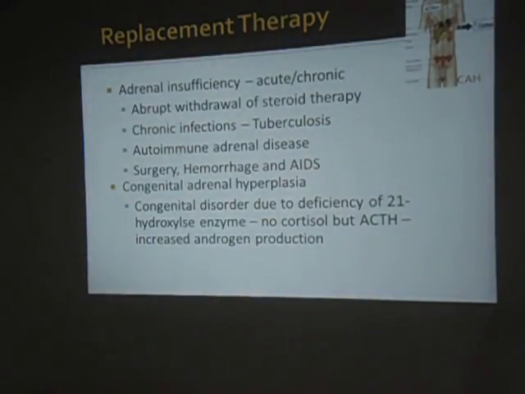Adrenal insufficiency can be acute or chronic, and due to abrupt withdrawal of steroid therapy. So we should know that steroid therapy is not withdrawn suddenly. For example, antibiotics we use for 3 days, 5 days, we abruptly stop. But in case of steroids, the dose is tapered slowly, about 2 milligrams to 5 milligrams.